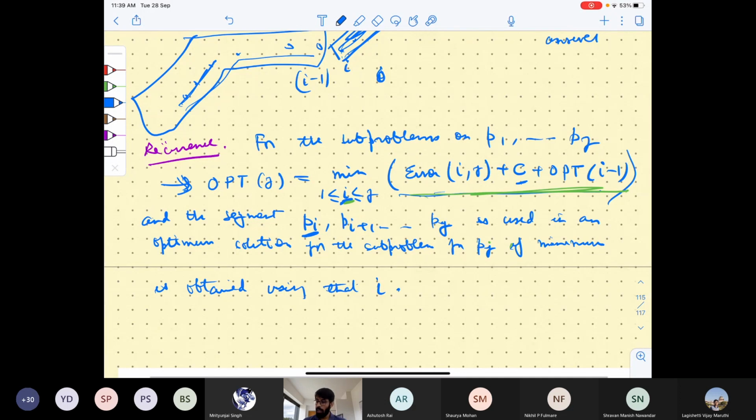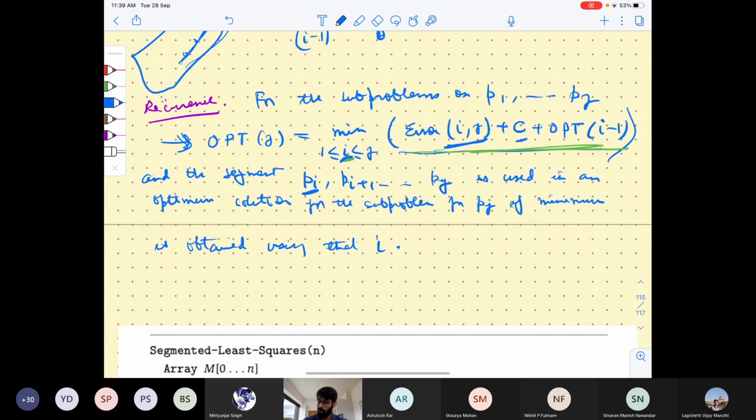And now we are more or less done. We have got this recurrence, and now we just need to compute the error of i comma j. So the first thing, we need to find the error of i comma j for all i less than or equal to j, for all j. And if we have that, then we can just solve the opt problem.